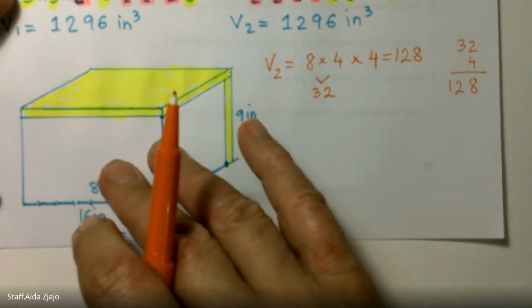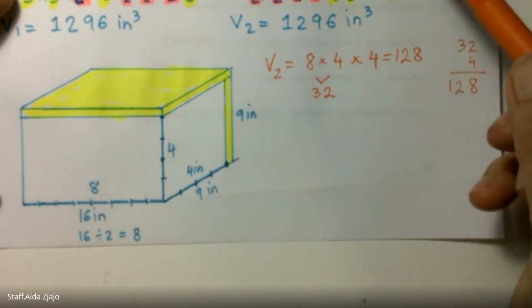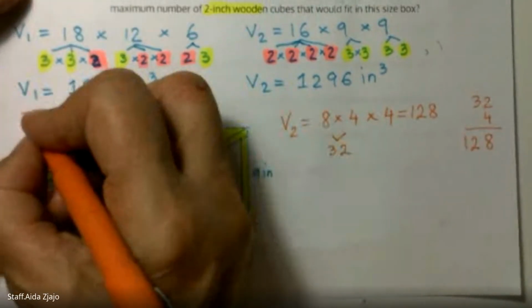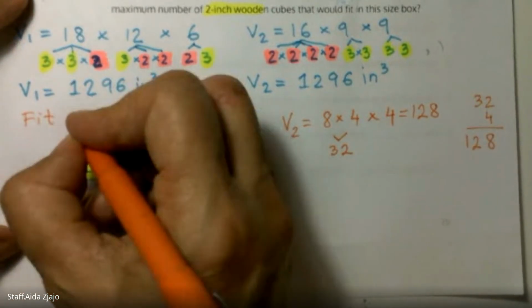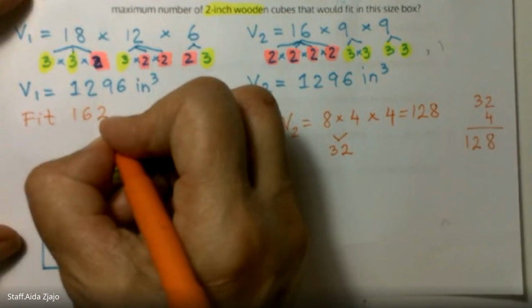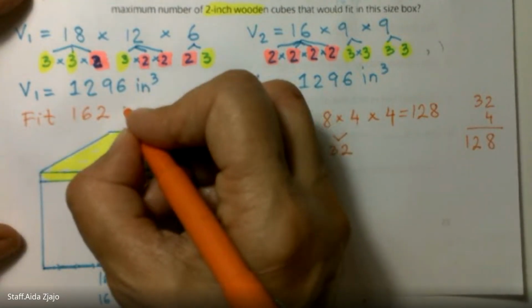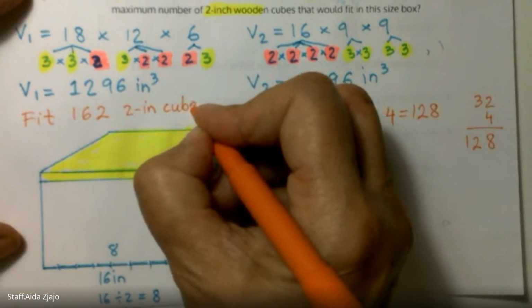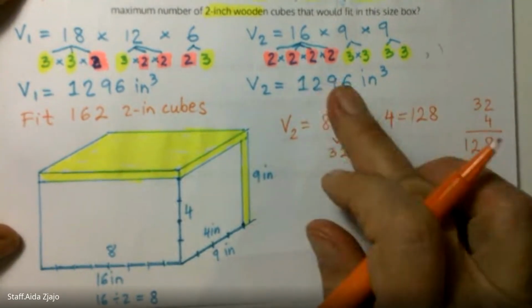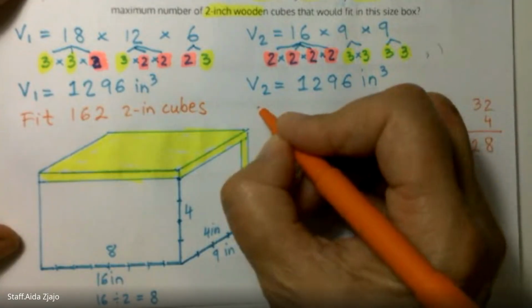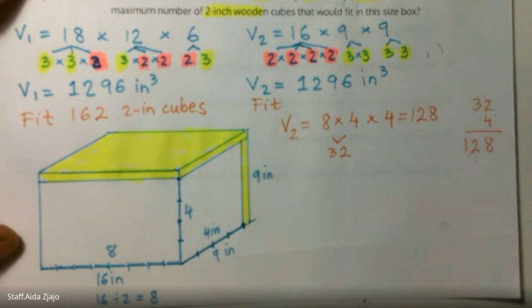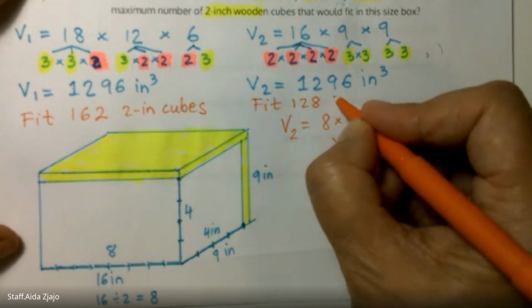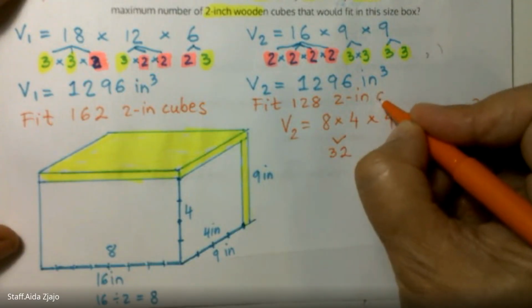So that is less than 162. In this box fit 162 2-inch cubes, and in this box fit 128 2-inch cubes.